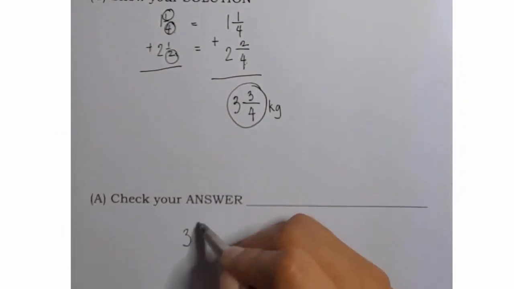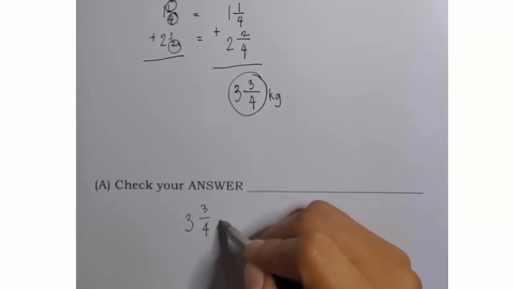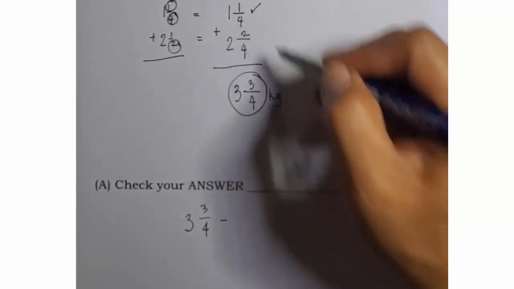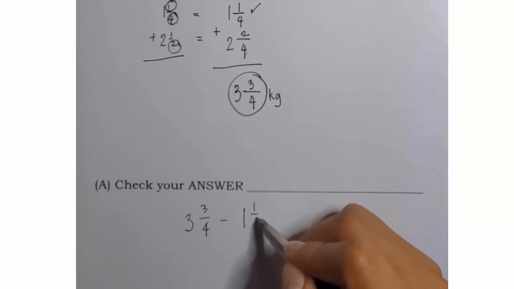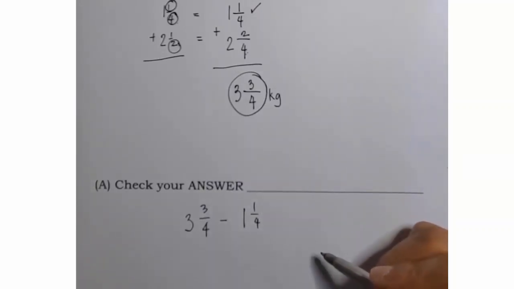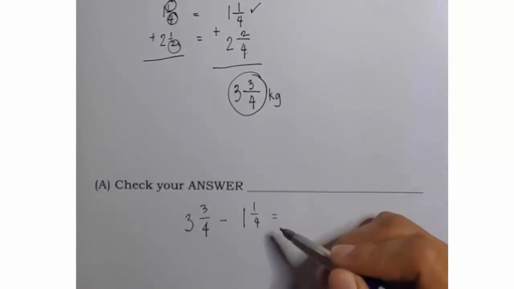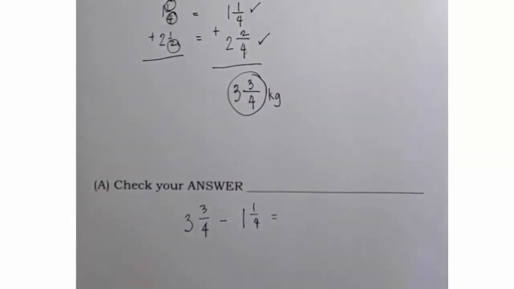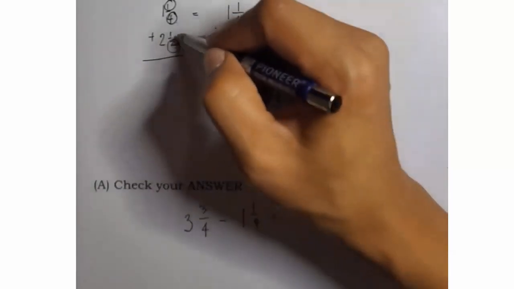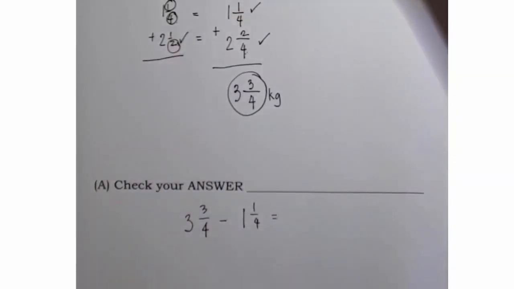So, 3 and 3/4 minus 1 and 1/4, which is the meat of, or I mean the pork. So what will be left? We are expecting for answer 2 and 2/4 or 2 and 1/2, which is the meat of chicken.